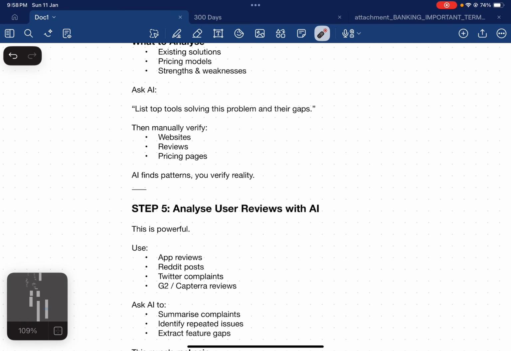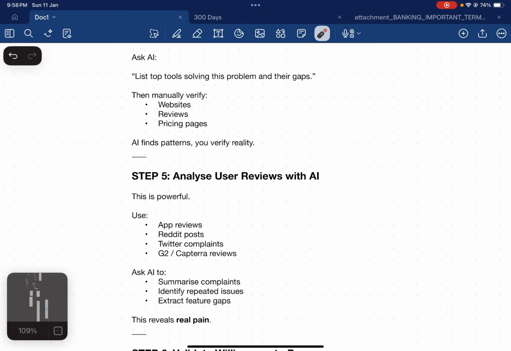Ask AI to list out tools solving this problem and their gaps. AI will list out all the competitors and what they are actually doing. Then manually verify websites, reviews, and pricing pages, so you can compare yourself and your competitors.